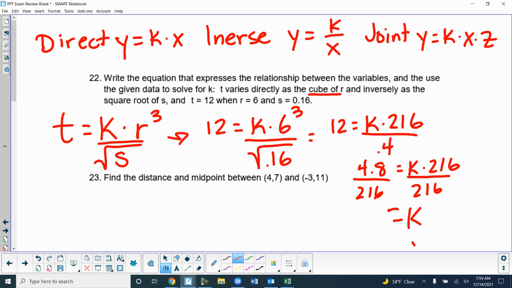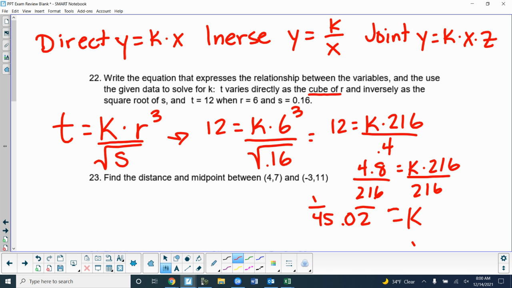I got 0.02 repeating. Yes. The 2 repeats. The fraction is 1 over 45. So either way was fine.